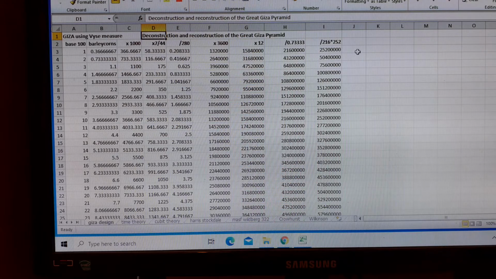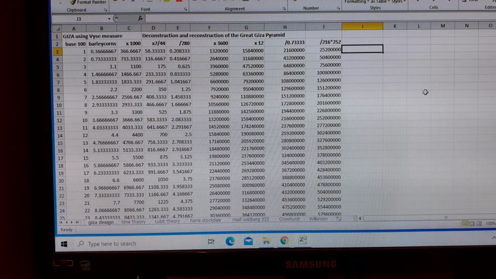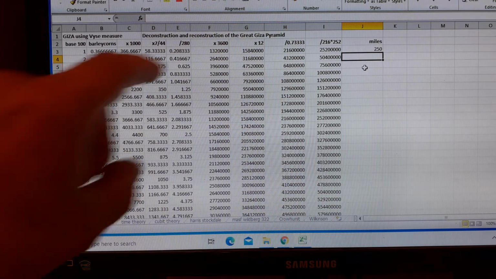And now I'm just going to work out the Earth's circumference in miles. And the way we can do that is just divide by 528, or this column here.